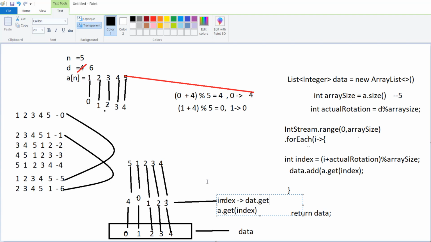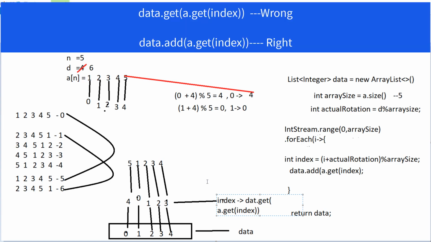We will alter the values completely and give the final output, and after that we will simply return the data, and that data will be our final output. So this is the logic I have implemented.